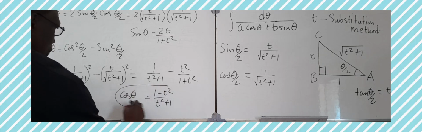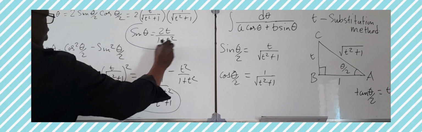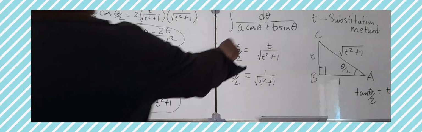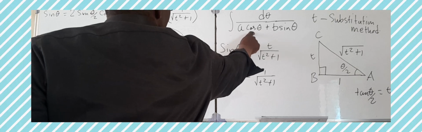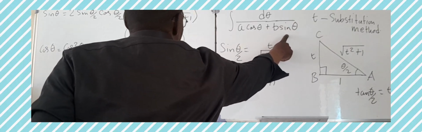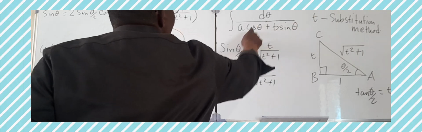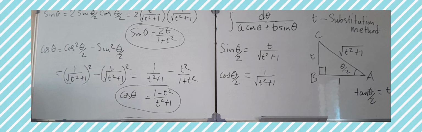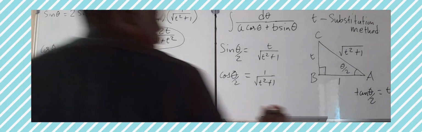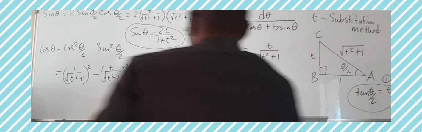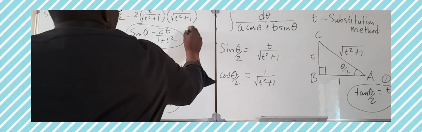So we've got this and we've got that. Remember, we're doing all these things so that we can replace this with something in terms of t, and that with something in terms of t. We're done with this, we're done with that. What is left now is to find an expression for d theta in terms of dt. So it's 1 here, 2 here, and 3 here.